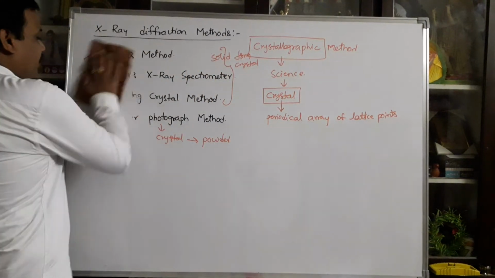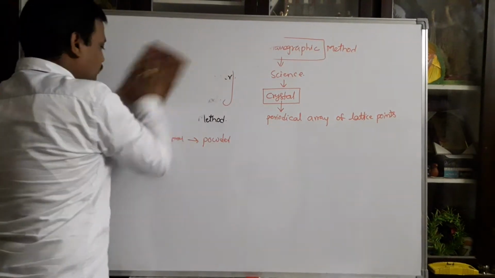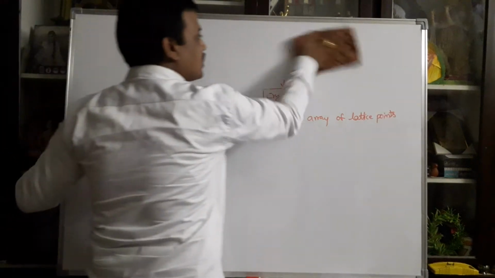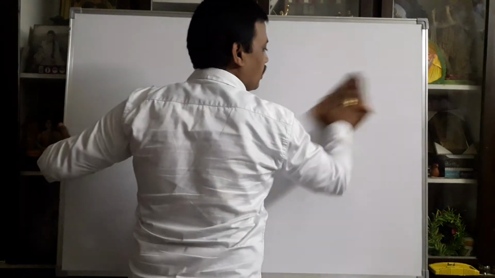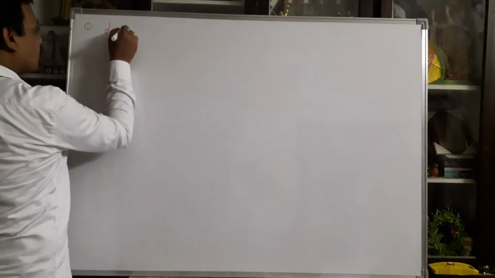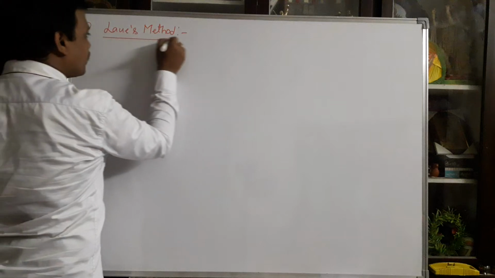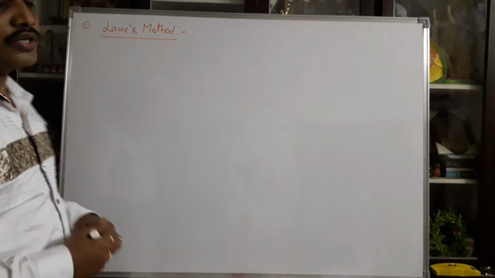So we are going to the first method, called the Laue method. Laue is the name of the scientist. This method was introduced by the scientist Laue. So our first method is Laue's method. All 4 methods are based on the diffraction condition.